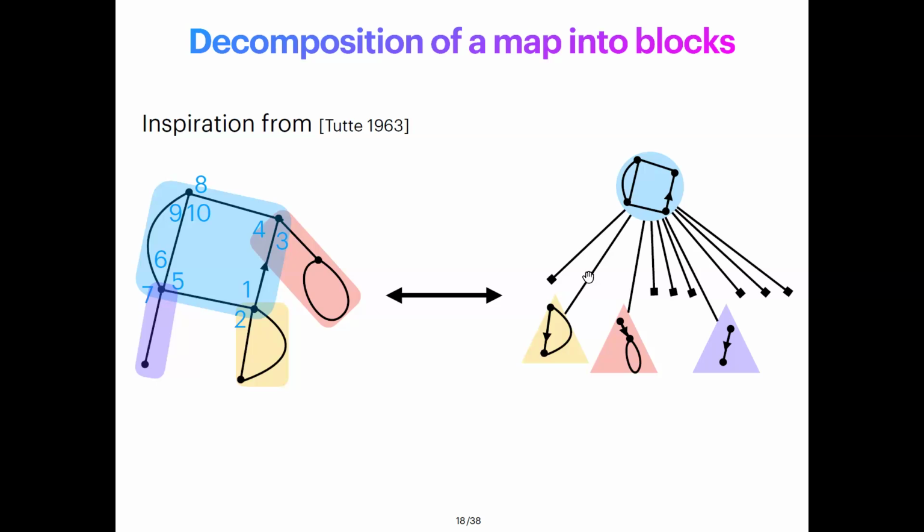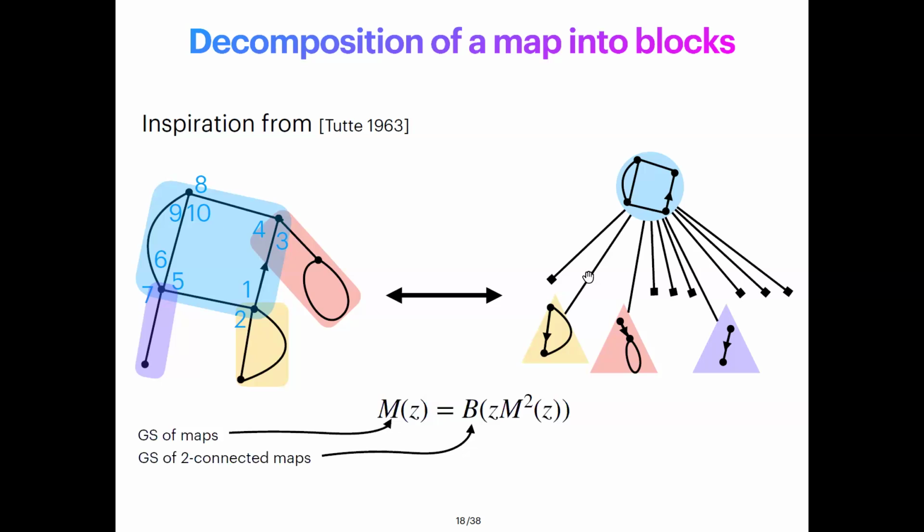So this amounts to an equality on a generating series, which can be read this way. A map is simply a block where each corner is endowed with another map. And since each edge has two corners, it means that each edge is endowed with two maps. And those maps are potentially empty. And this can be written with a weight u on blocks.